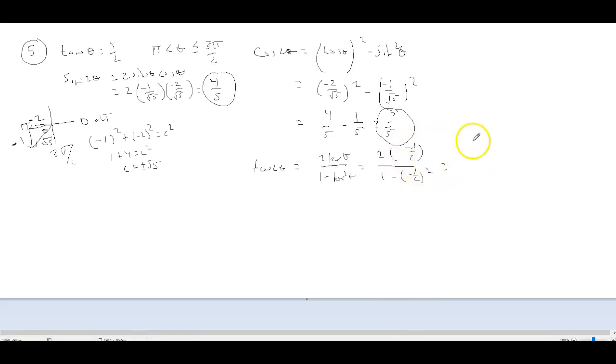On the top, multiply straight across, this is over 1, I get -2 over 2. And on the bottom, I get 1 minus 1/4. So that becomes 1 over 1 minus 1/4, which is 3/4. I flip and multiply, and I get 4/3. And I recognize that if I do sine over cosine, I would get 4/3. And so everything checks out, and I'm feeling really good about my life and everything else.